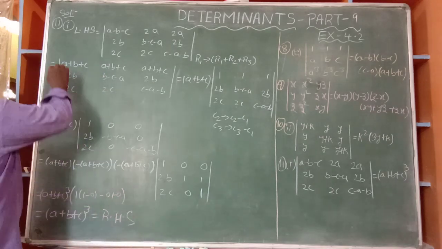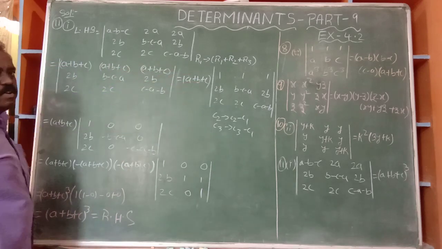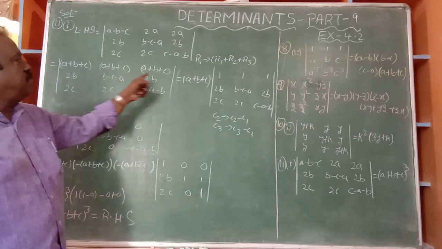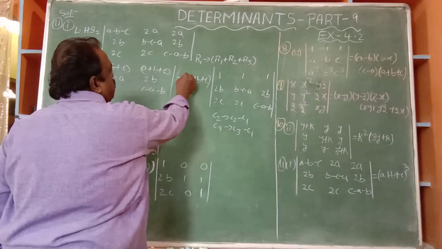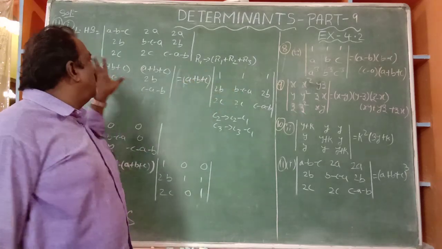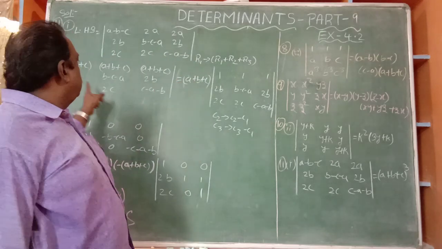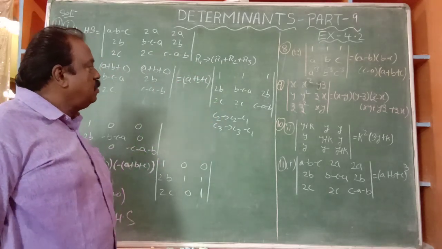In the first row, you see, a plus b plus c is common. After taking a plus b plus c as common in row 1, we have 1, 1, 1 in row 1. The remaining is as it is.